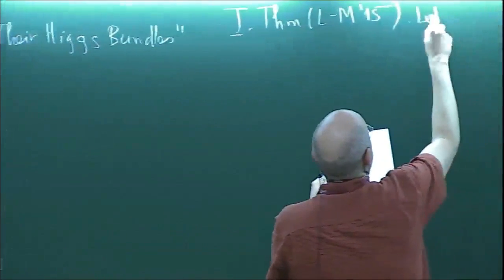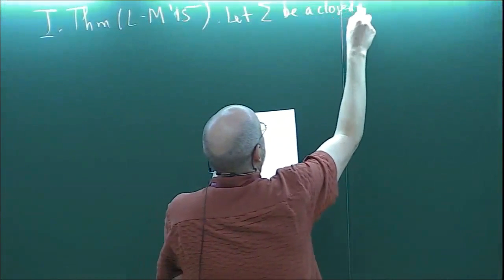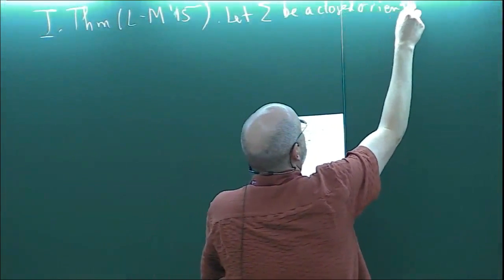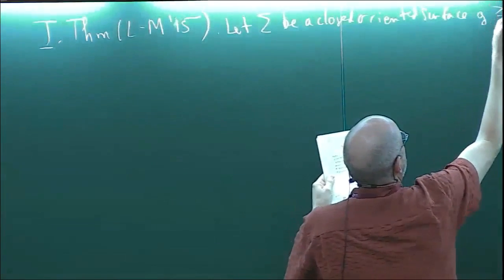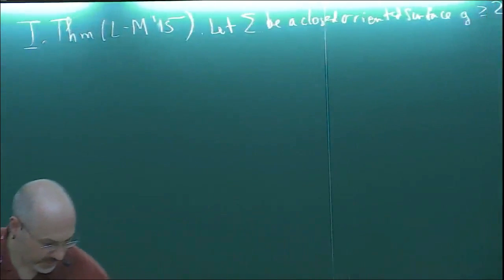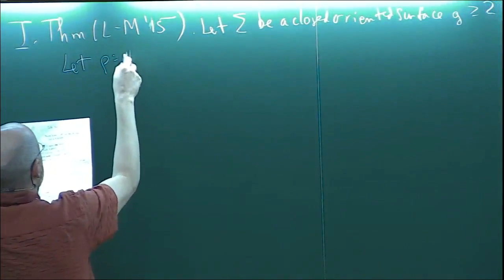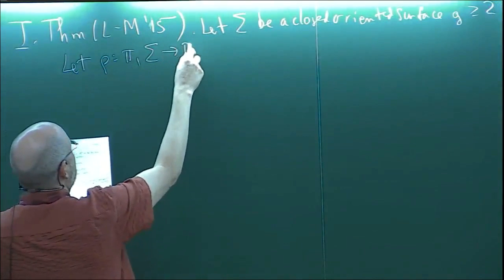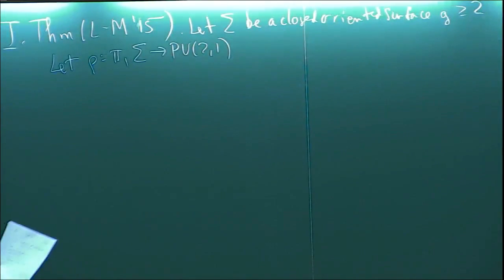So let sigma be a closed oriented surface of genus, of course, bigger than or equal to 2. And we're going to consider a representation rho of this surface group into PU(2,1), the set of holomorphic isometries of CH2.